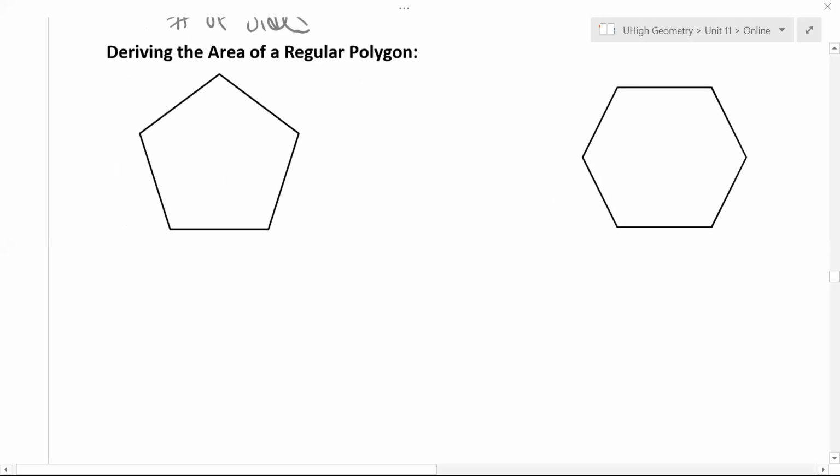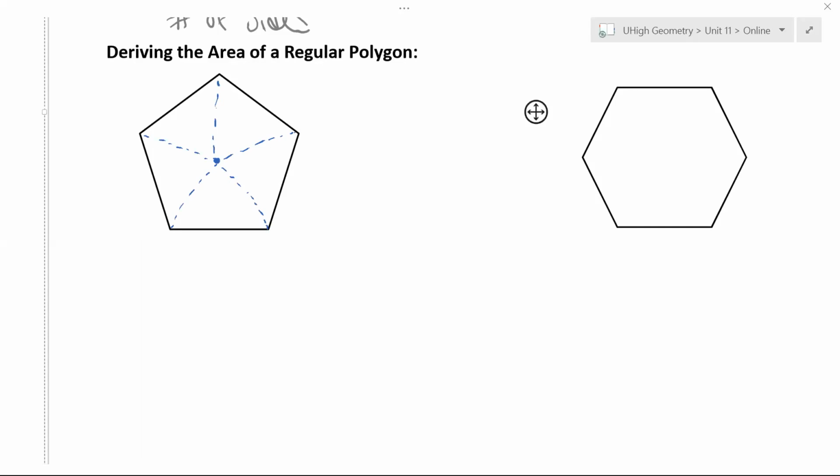So when you guys are looking at this, what you can think about is if I have the center of this polygon and I were to create radii to each of my vertices. Hopefully you guys see that this is creating 5 different triangles.